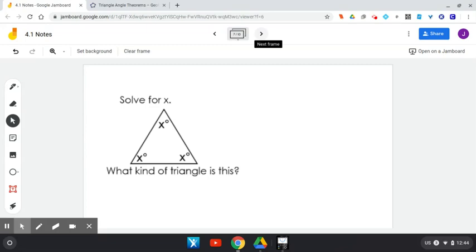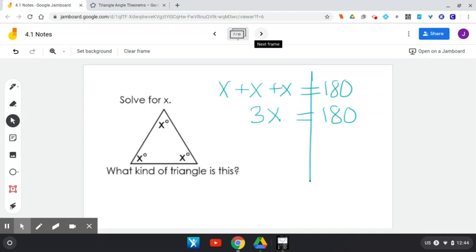Ooh, this one's a different type of problem, but all 3 of those angles are inside, which means I have x plus x plus x equal to 180. I can combine like terms. So an x plus an x plus an x is 3x. And to undo that 3 in front, I'm going to have to divide on both sides.